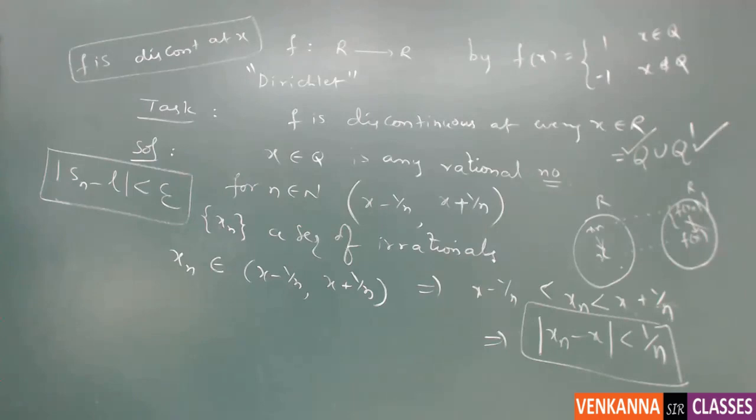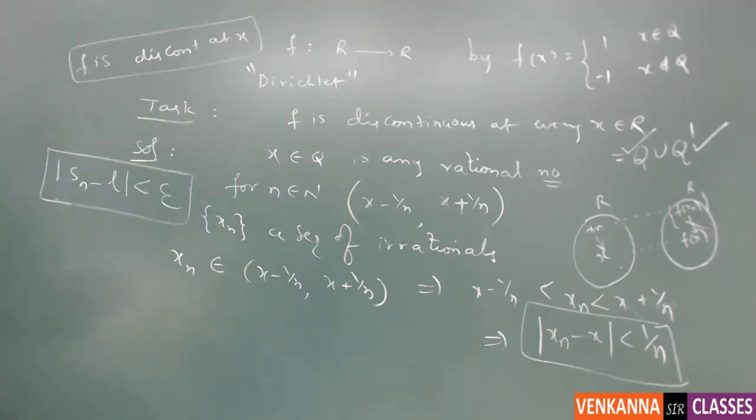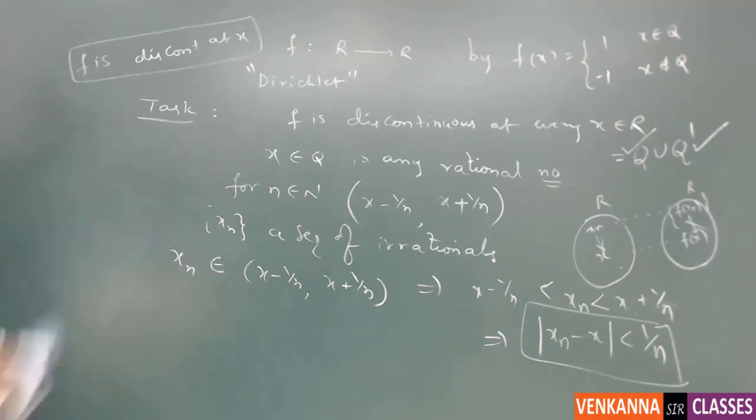Right. So I got a sequence of irrationals in the domain which are converging to the point x which I have taken. Now I have identified a sequence in the domain. Now I am checking for the convergence in the codomain for the images. So let us go for this.